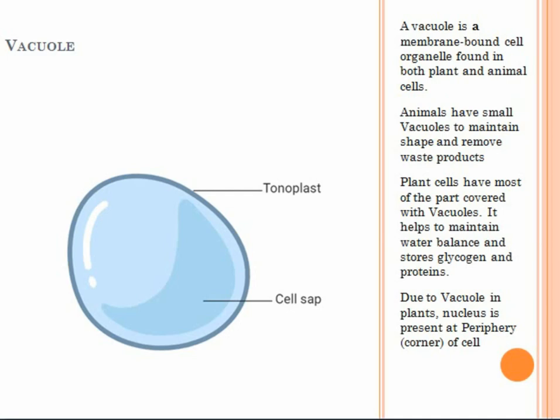Due to vacuole in plants, the nucleus is present in the periphery of the cell. Now, what is periphery? It is the position when the nucleus is at the corner due to the vacuole which is present in the center part, and most of the cell is covered by vacuole. That's why this is known as periphery.